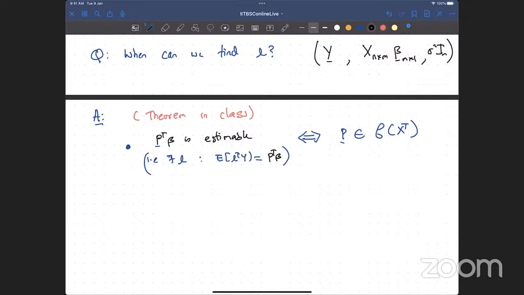What is the number of linearly independent estimable parametric functions? Let's call the parametric function P. How many such P's can I have that are independent?